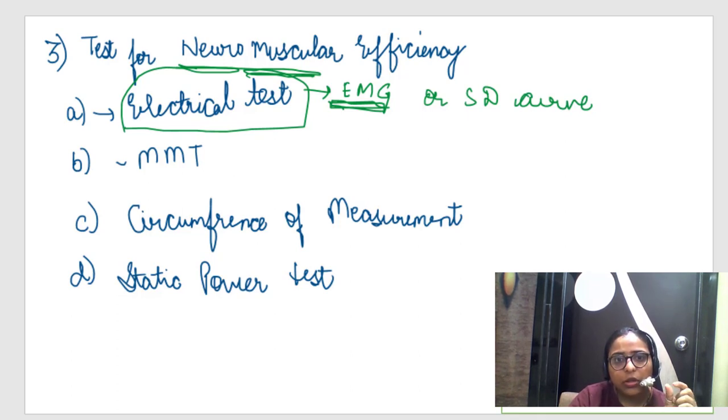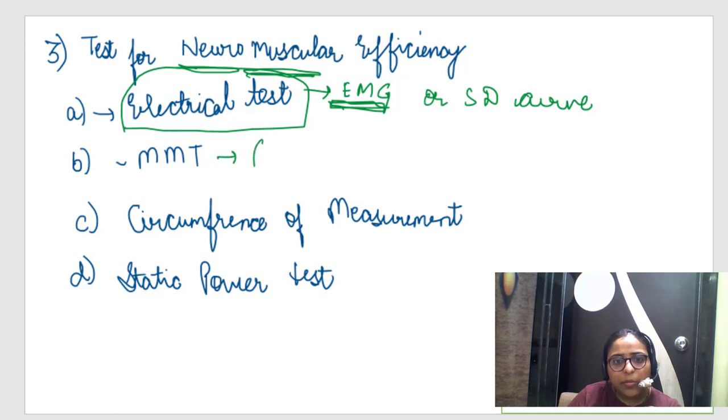According to those values, you diagnose the state of the nerve, whether it is neuropraxia, neurotmesis or axonotmesis, right? That is, how much the nerve lesion is and how it is progressing. I'll make detailed videos on the SD curve also, but here just remember that in the electrical test we talk about EMG or SD curve, right?